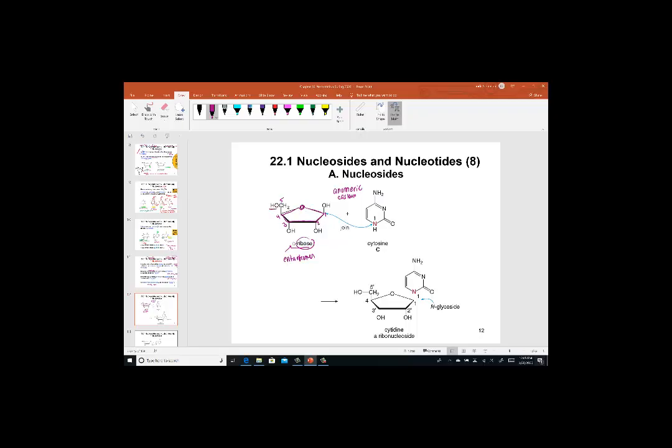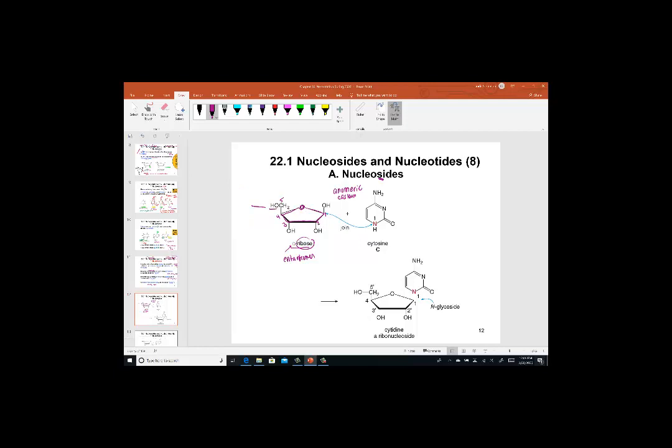Now remember, if I added a phosphate here, I just turned my nucleoside into a nucleotide. The only difference between the nucleoside and nucleotide structure is the absence or presence of this phosphate group here at the end.